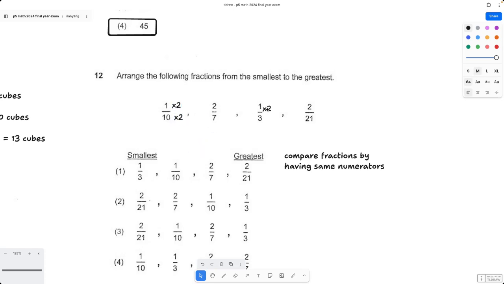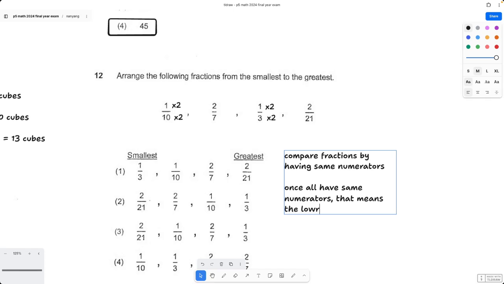Okay, times 2, and then we times 2 as well. Okay, so once all have same numerators, then that means the lower the denominator, the bigger it is, right?